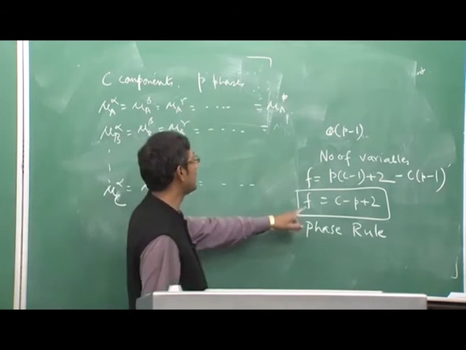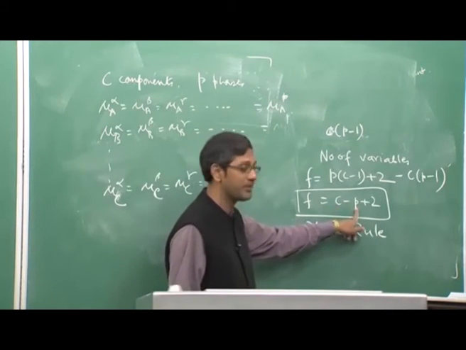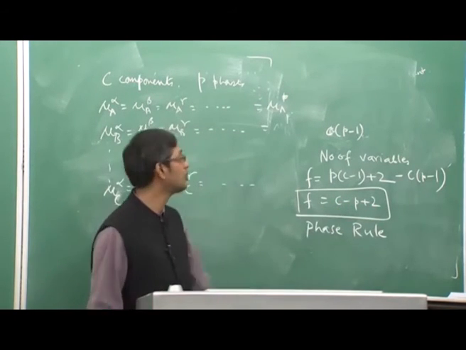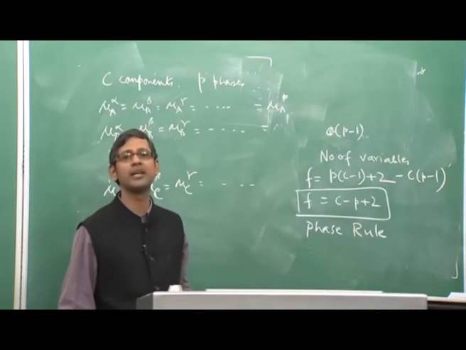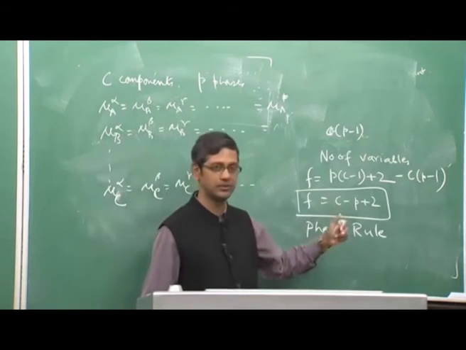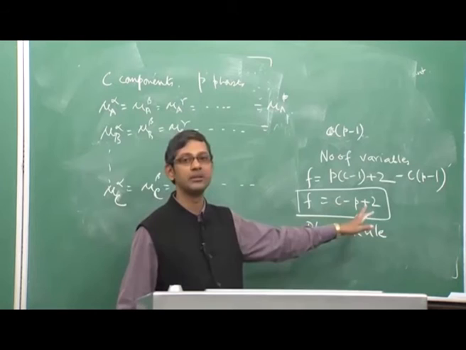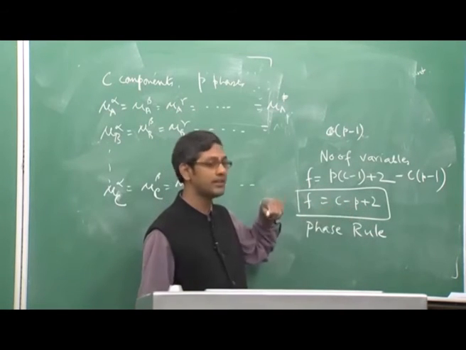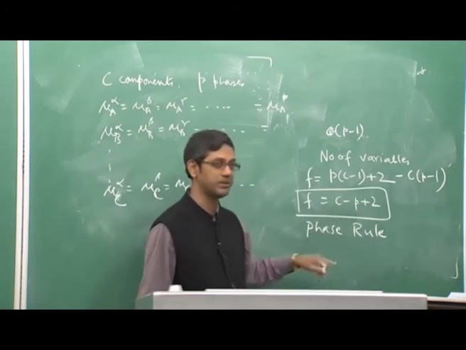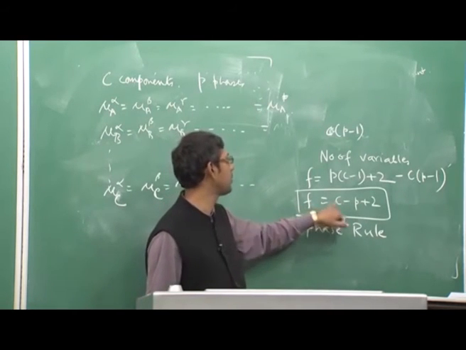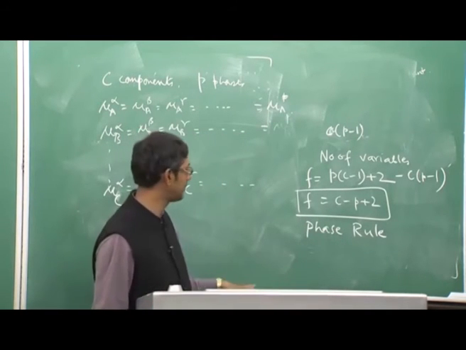Very clearly, the number of free variables is equal to the number of components minus the number of phases plus 2. The 2 counts because we have considered temperature and pressure. You can consider other variables like magnetic field, electric field, then the 2 will change. But basically the composition and pressure variables will be C minus P. Please make sure that in your exam you do not write P minus C, then you will make a mistake. This is C minus P. So the number of free variables is equal to C minus P plus 2, and this is what is known as the Gibbs phase rule.